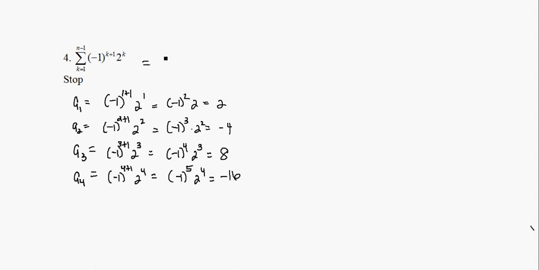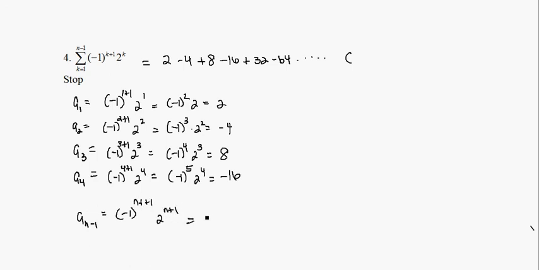So our sum can be written out as 2 minus 4 plus 8 minus 16, and obviously the next one would be plus 32 minus 64, all the way out to, let's just write out down here, a sub n minus 1 is negative 1 to the n minus 1 plus 1, 2 to the n minus 1.